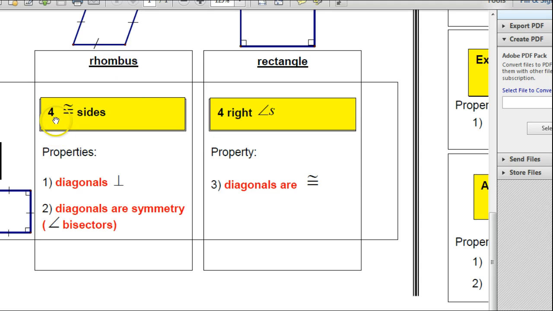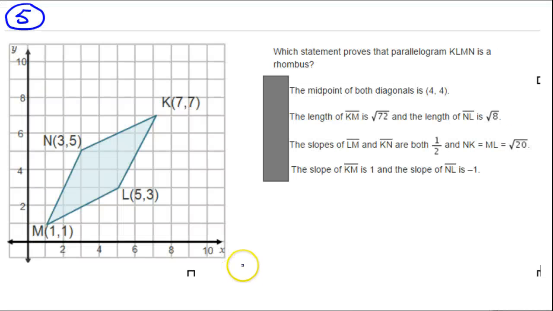The definition of a rhombus is 4 congruent sides. So if there were some statement saying that all the sides are equal, then that would be good. Let's scan: nope, nope, nope. None of them say that all 4 sides are equal. So much for the definition.